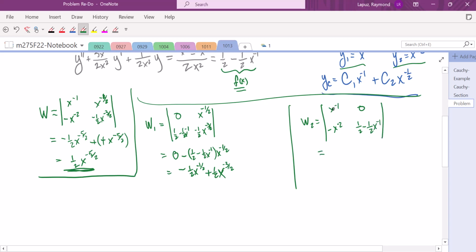And then here we would multiply the diagonals. x to the negative 1 times 1/2 minus 1/2 x to the negative 1, and then 0 for the other part. And then we'll have 1/2 x to the negative 1 minus 1/2 x to the negative 2.